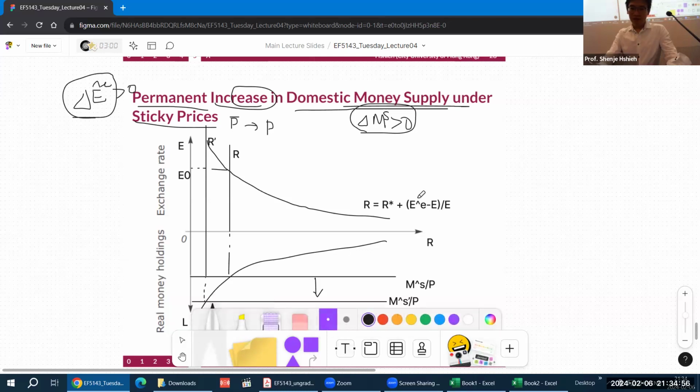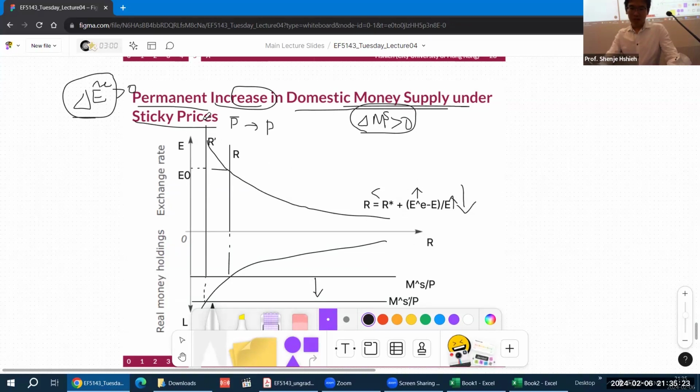So we have this term increasing, which means that this inequality is violated this way. To restore equilibrium, all else equal, if interest rates are unchanged, then we have to move E. That makes this expression lower, so E has to move up so that the entire right-hand side decreases.